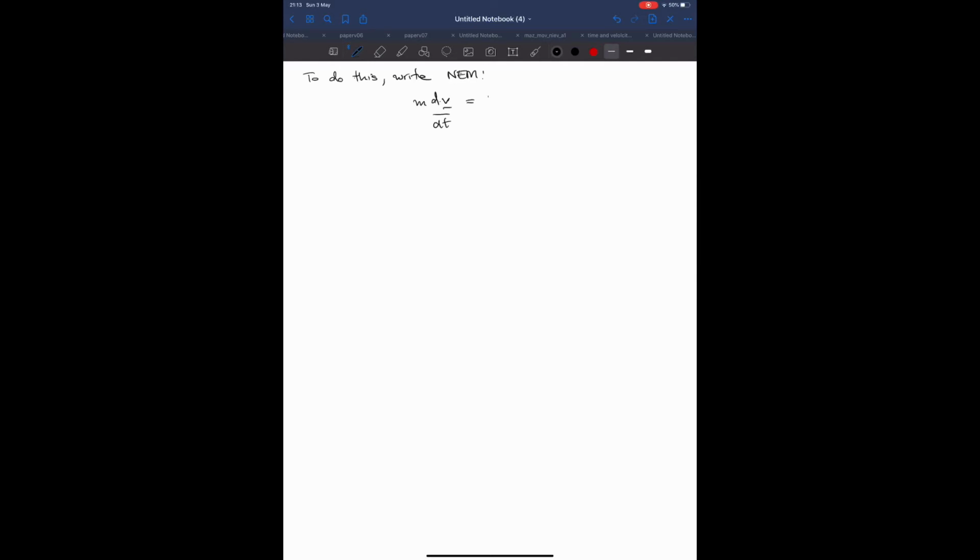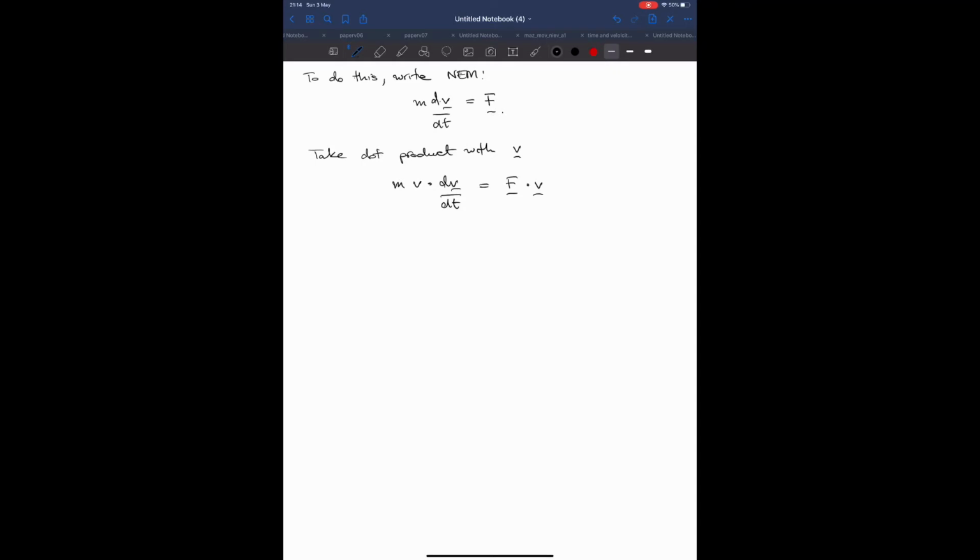So I write down Newton's equation of motion like this. m is a constant, so take the dot product with v, and we get m dv/dt dot v equals F dot v.